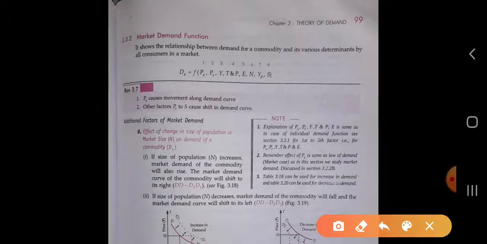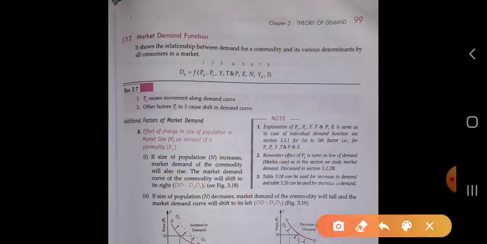It shows the relationship between the demand for a commodity and its various determinants by all the consumers in a market. Basically it shows what the consumers are demanding and its various determinants.